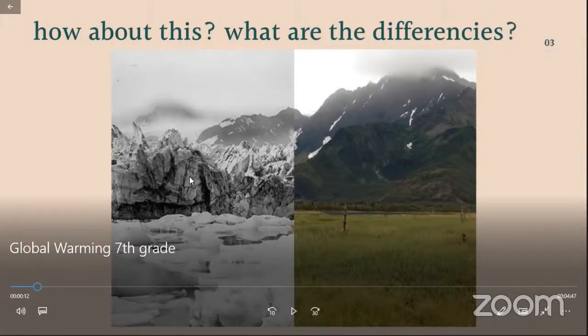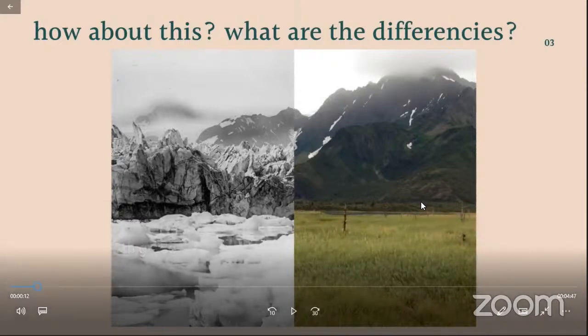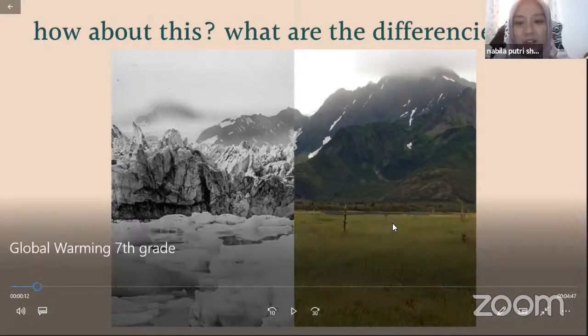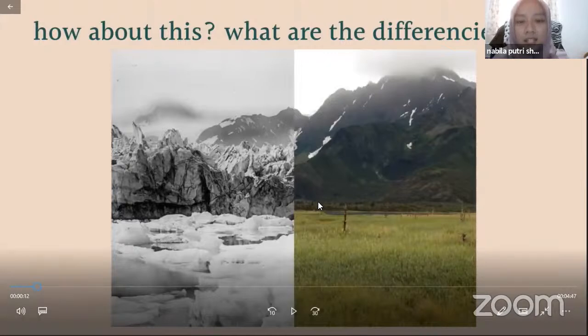I don't see any living things. Yes. While on the right side? I can see the grasses. Yes, great. So the ground is planted with many grasses, and the mountain is also covered by some plants, right? Yes, so that's the effect of global warming.